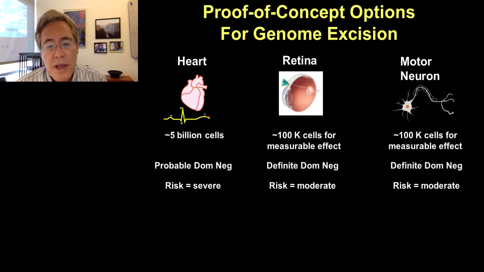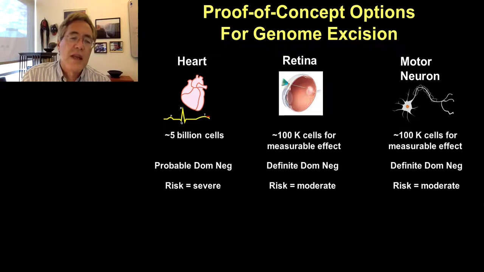The other thing is that dominant negatives, as I'll indicate later, are a type of genetic mutation which is very well characterized in retina and motor neurons. And the risk, although significant, is much less than the heart. So we're focusing on these tissues primarily so that we can move the field forward and do these types of proof of concept studies.